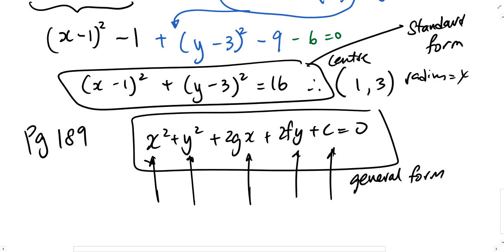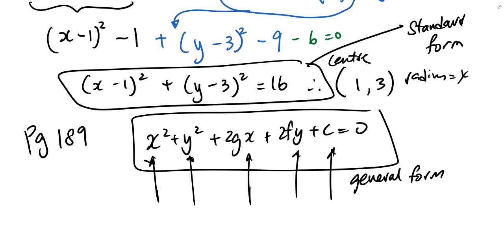You must know how to convert from one to the other. Is it easier to go from standard to general, or from general to standard? Standard to general, very easy. Just expand. General to standard, you need to complete the square in order for you to get the center and radius.